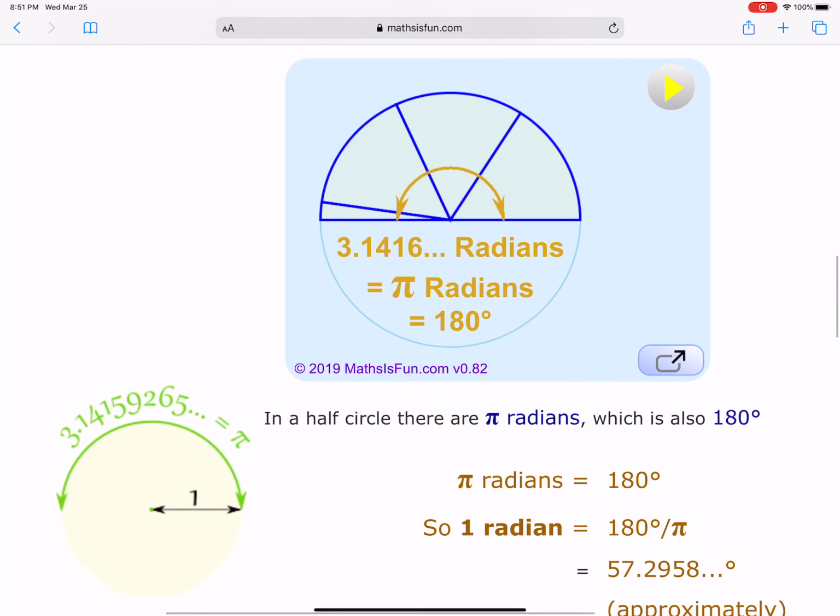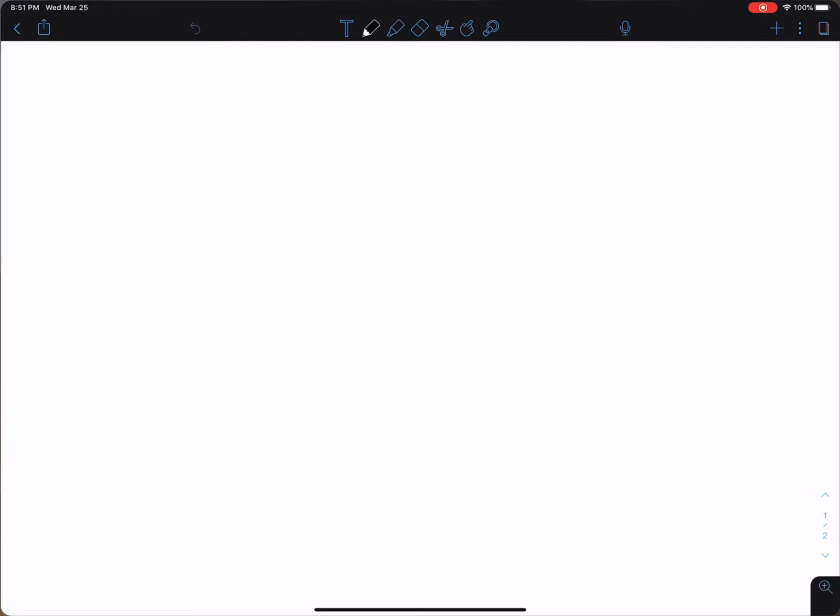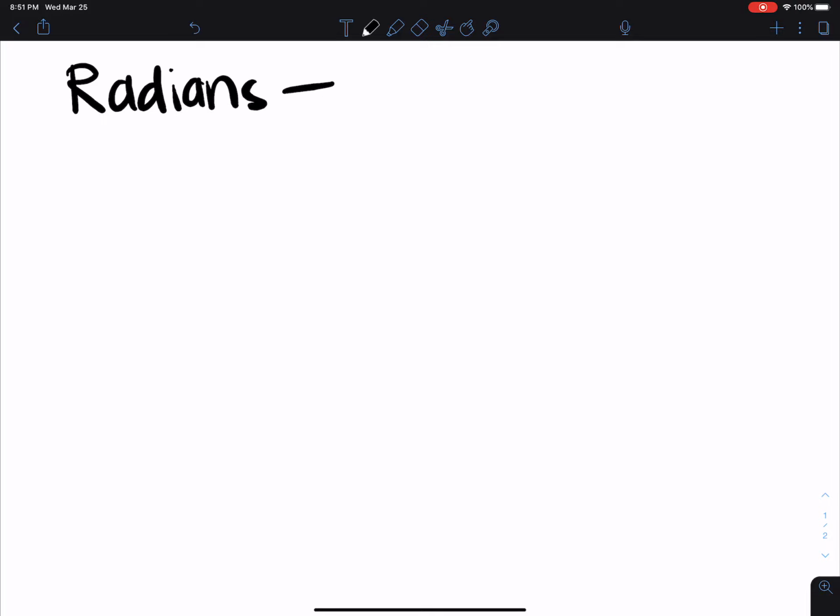Yeah, so what we're going to do is go through some examples of converting radians to degrees and degrees to radians, because sometimes you'll need radians and sometimes you'll need degrees. Our first examples, we're going to go from radians to degrees.